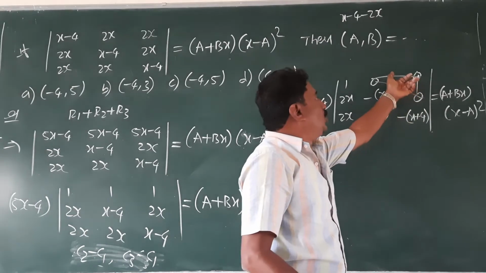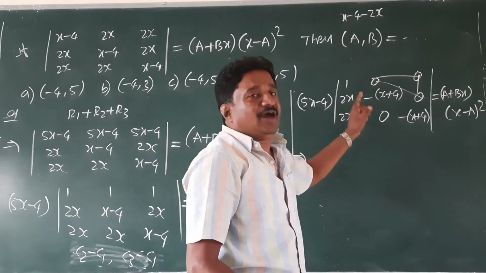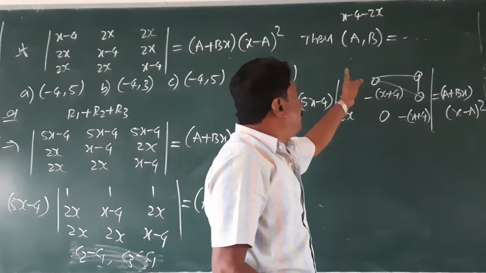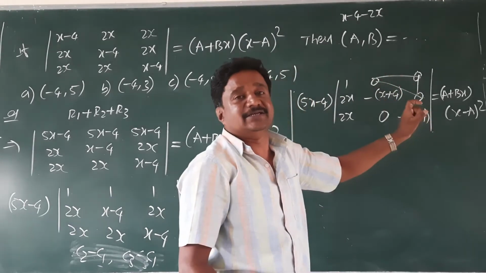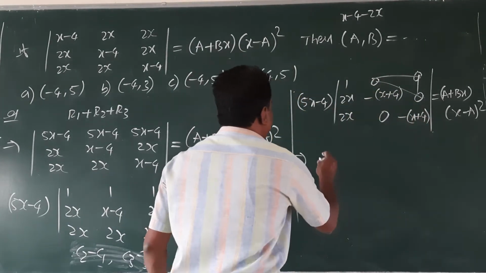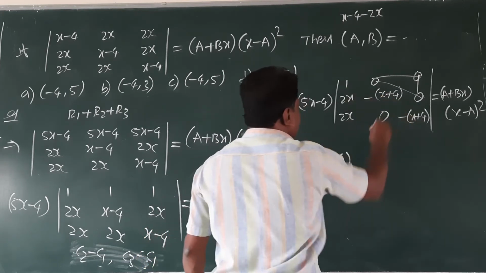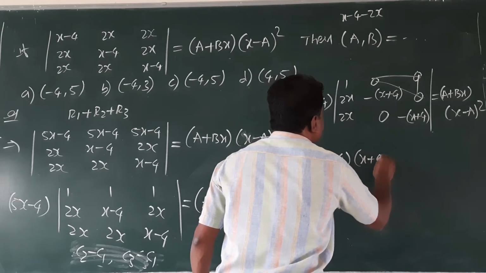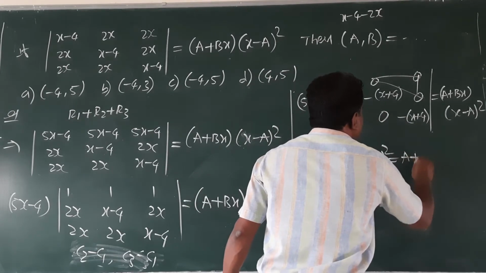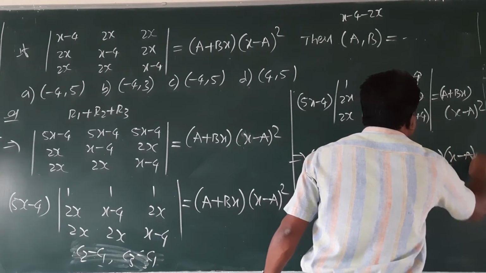If the upper triangle or lower triangle is 0, the value of such a determinant is equal to the product of the principal diagonal elements. So (5x − 4) into the product, (x + 4)², equals (a + bx)(x − a)².